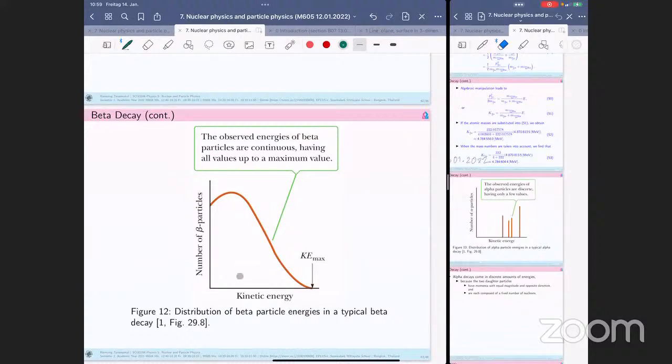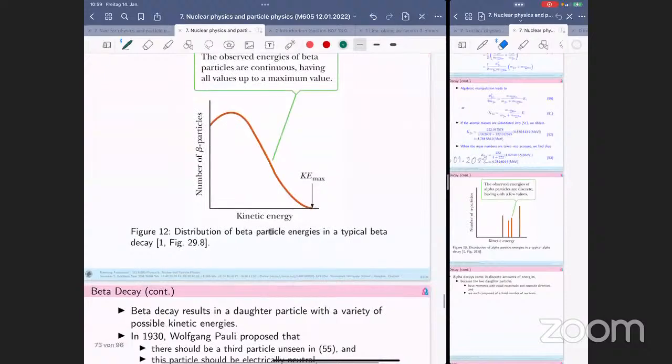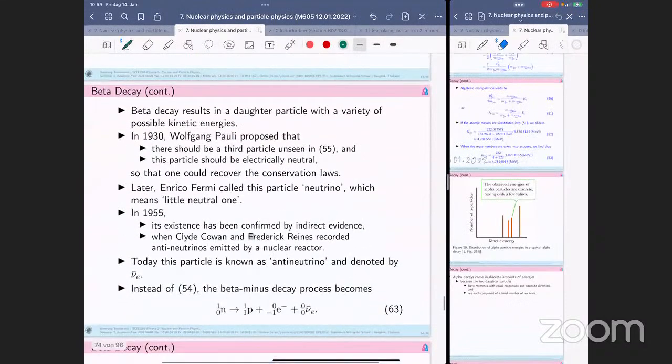But for the beta particle, the energy is continuous. The distribution of beta particle energies in a typical beta decay is shown like this. Beta decay results in a daughter particle with a variety of possible kinetic energies.